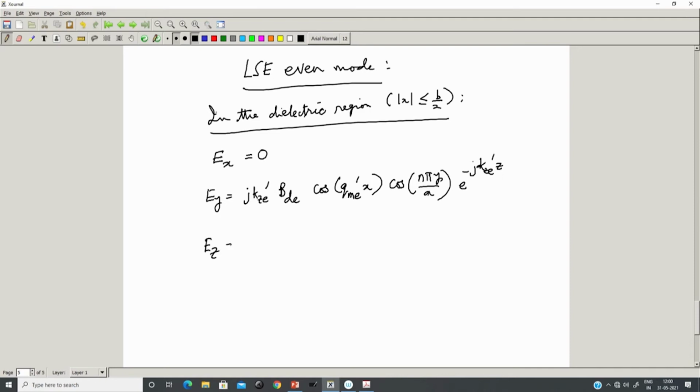Then E z will be minus B d E n pi by a cos q m E prime x sin n pi y by a e to the power minus j k z E prime z.